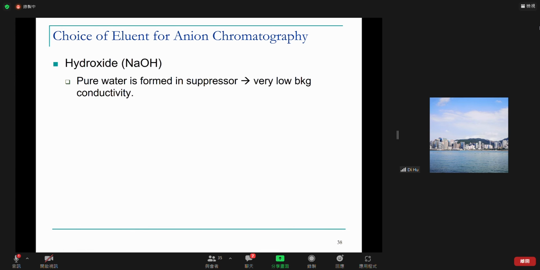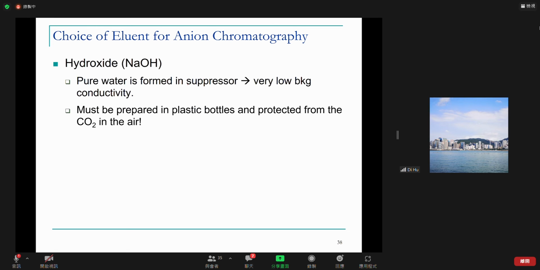In sodium hydroxide, after the suppressor, water is formed instead of carbonic acid, and water has very low background conductivity. However, when we use sodium hydroxide, we normally use, say, 10 millimole. 10 millimole sodium hydroxide already corresponds to pH equal to what? 12, right? 10 to the minus 2.